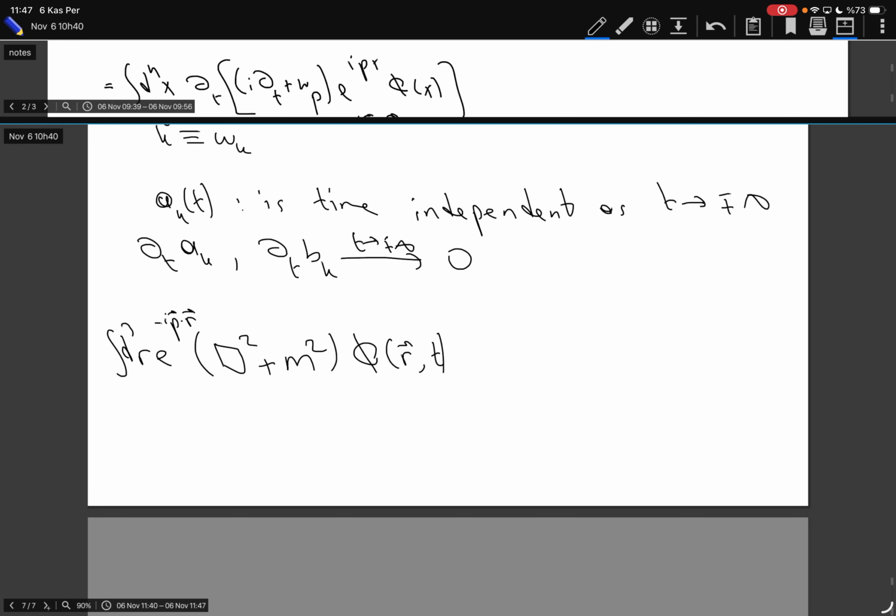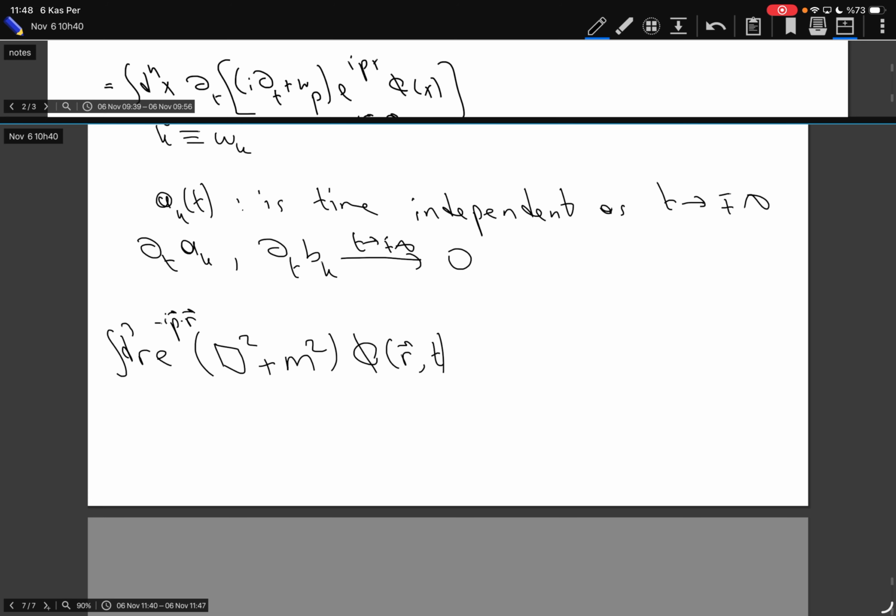I'm taking my field, applying the Klein-Gordon operator to my field, and taking the Fourier transform. If this were a non-interacting theory, phi will satisfy the Klein-Gordon equation. That would have been 0. Well, in the interacting theory also, you can just think of it in this way. In the interacting theory, at very late times or very early times, my field will satisfy almost the Klein-Gordon equation, let's say.